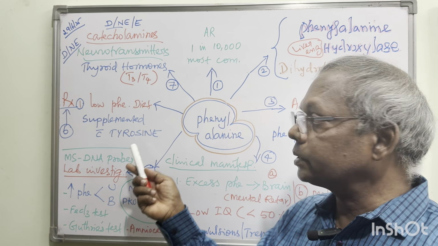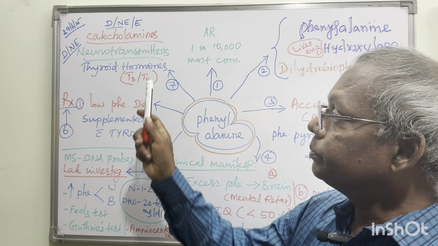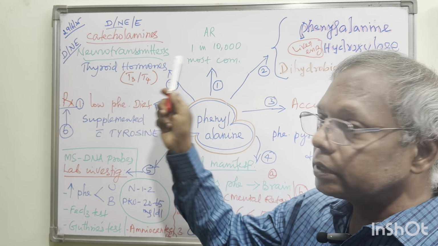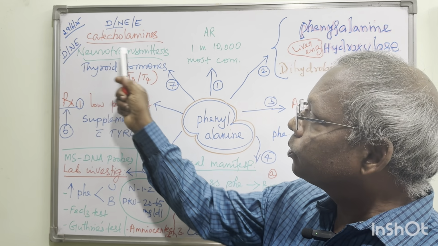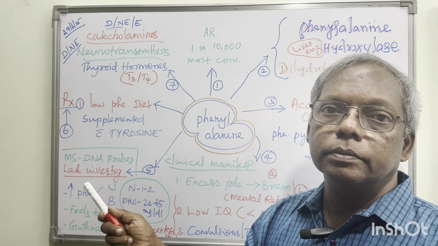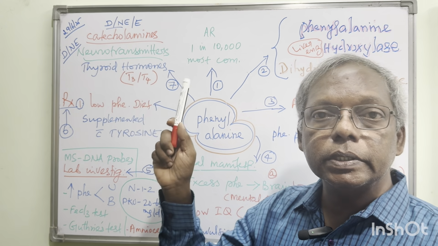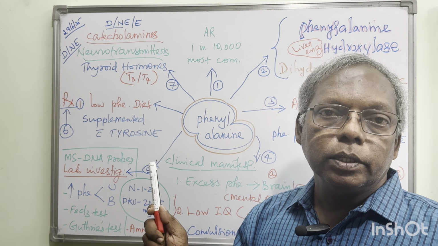And the last one is very important, 3 MCQ questions. Thyroid hormone is synthesized from tyrosine. Neurotransmitters like dopamine and norepinephrine are synthesized from tyrosine. Catecholamines, dopamine, norepinephrine, epinephrine are synthesized from tyrosine.